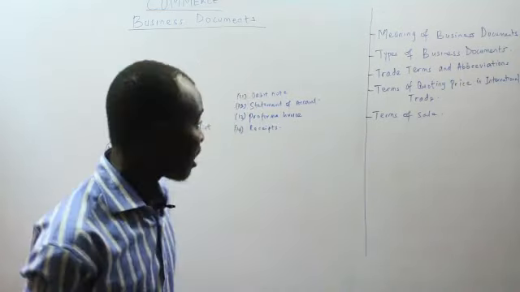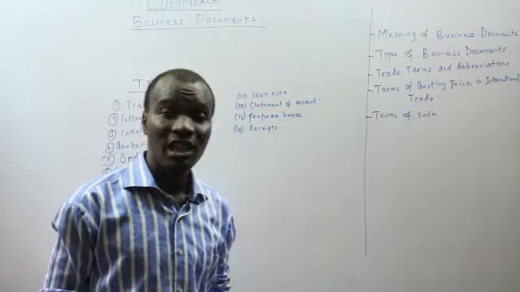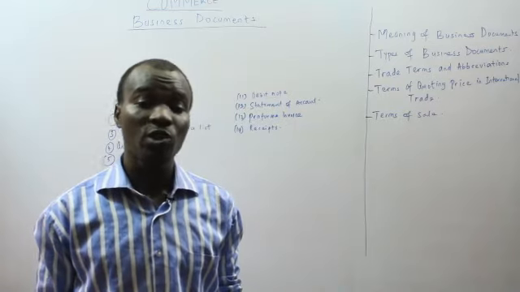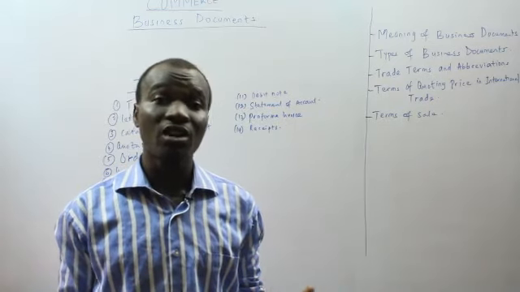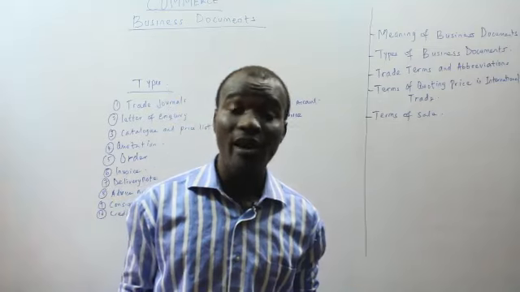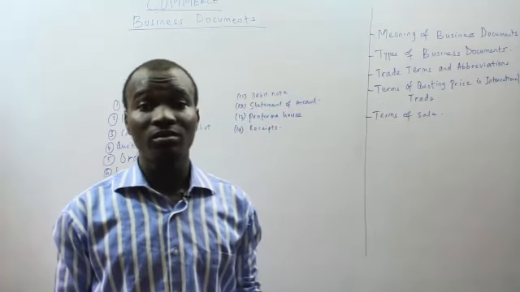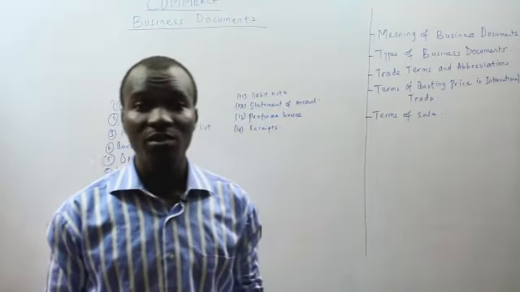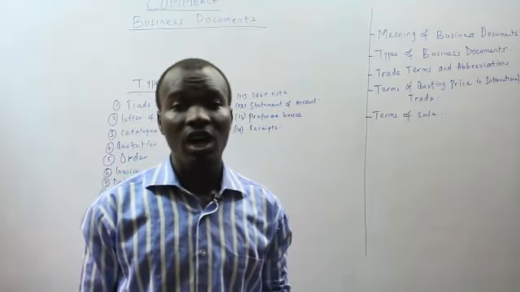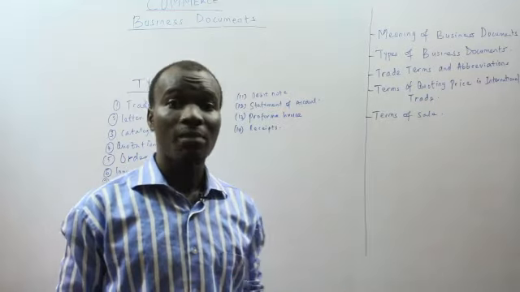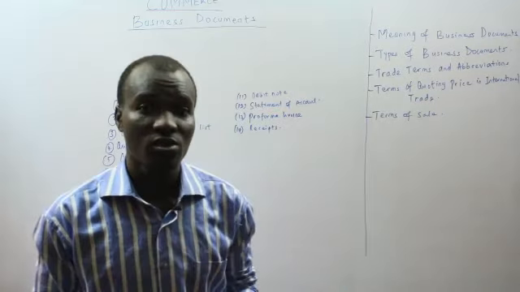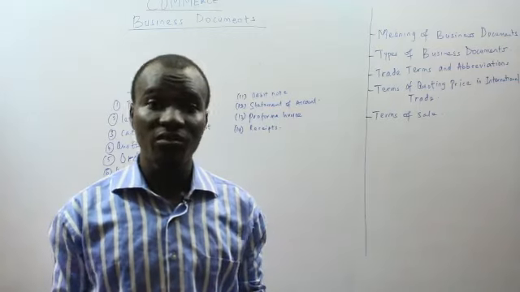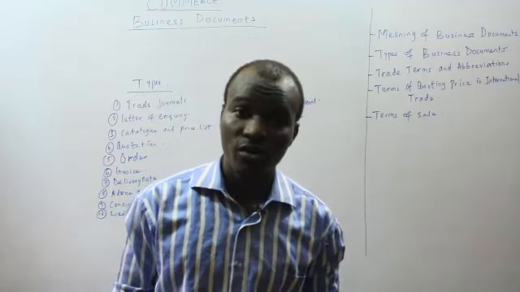That is maybe the current price of the goods, the discount and terms of trade that will be available, the means of transportation that can be used, and the date of delivery if the goods are bought from such a seller.